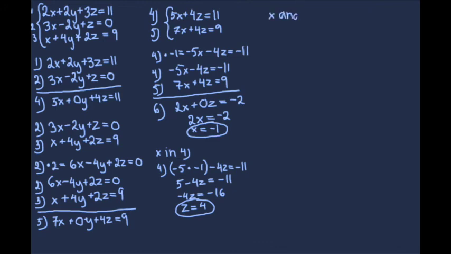And at last, let's put in the known values in, for example, equation number 3, x and z in 3. Minus 1 plus 4y plus 2 multiplied with 4 equals 9.